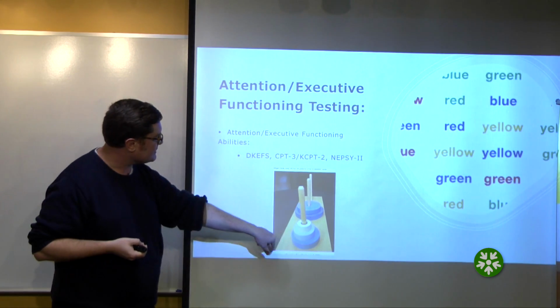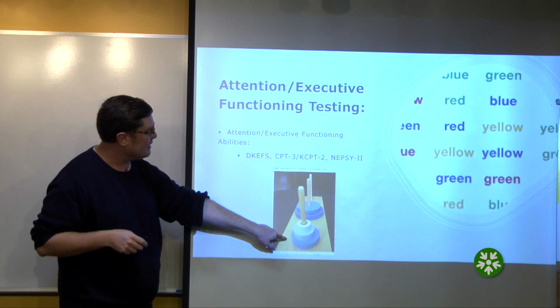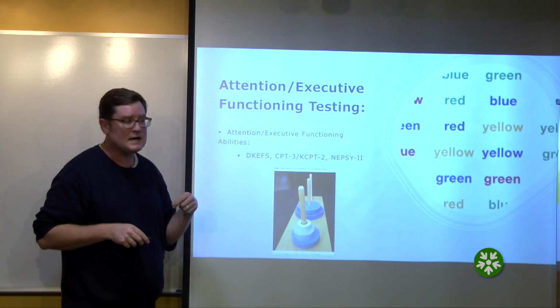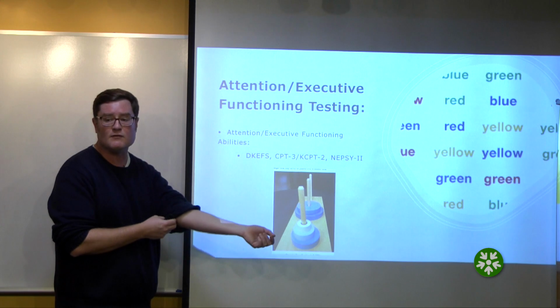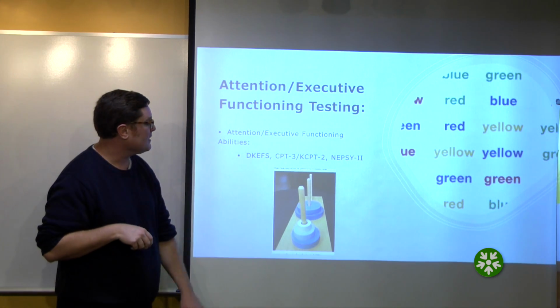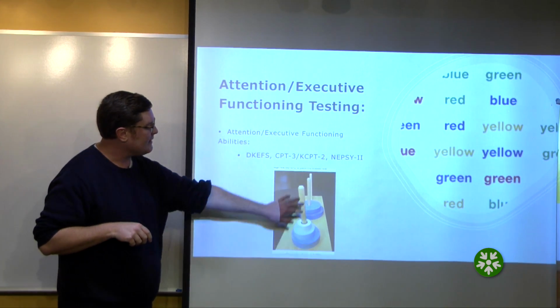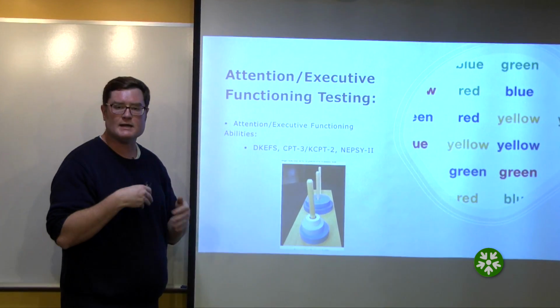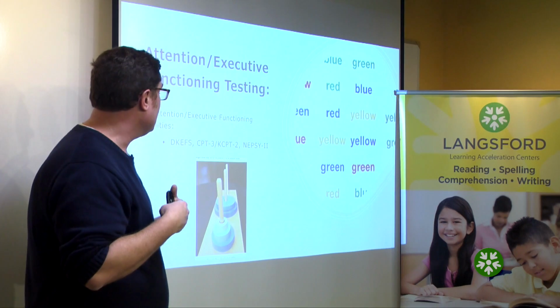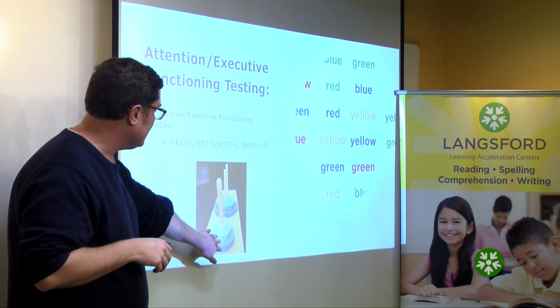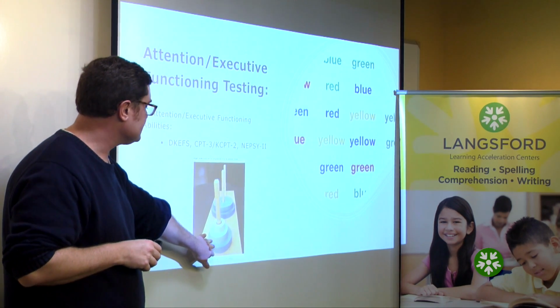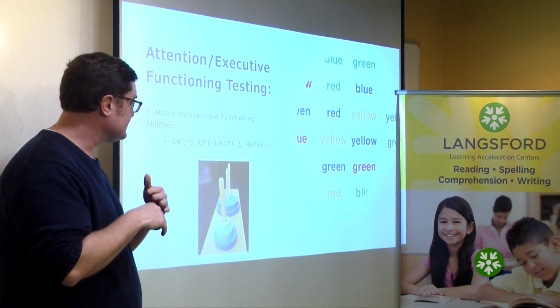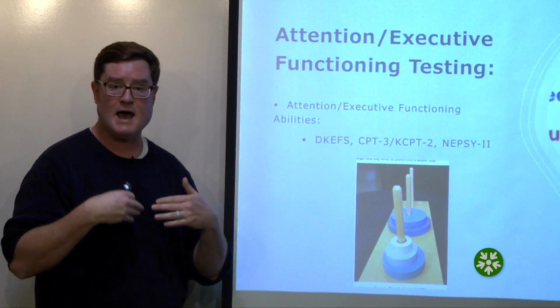This is another one that sometimes we give. This is known as the Tower subtest, or the Tower of London subtest. On this one, the child would have to move discs on these 3 different poles to recreate a design that we give them. There are different rules, where a larger disc needs to be below a smaller disc, and it involves planning.